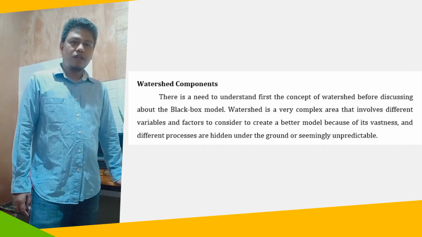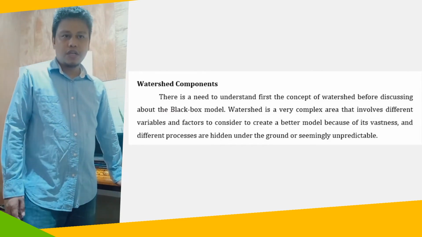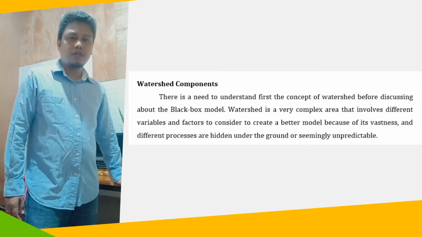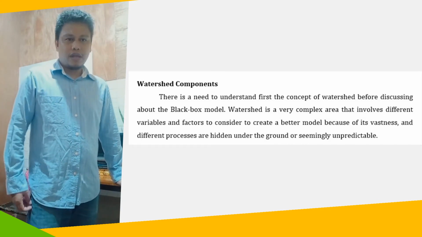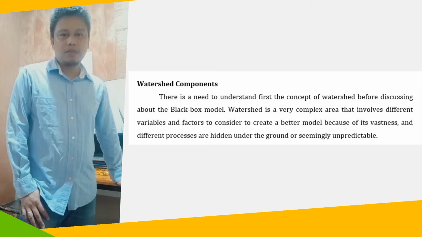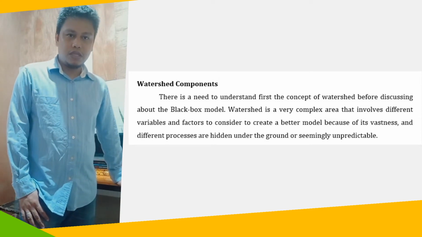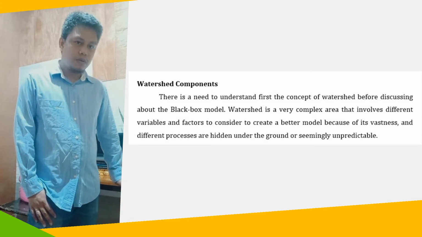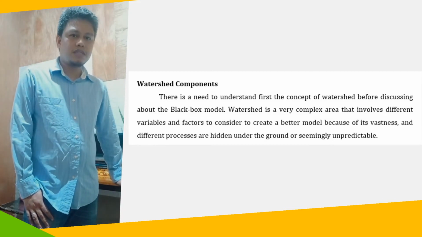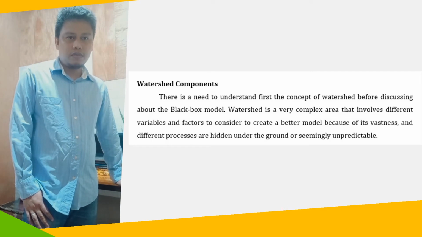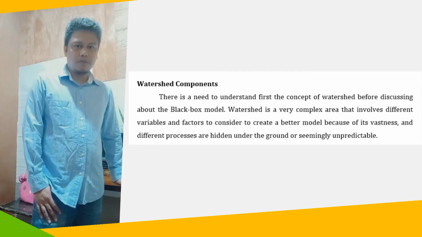There is a need to understand first the concept of watershed before discussing the black box model. Watershed is a very complex area that involves different variables and factors to consider to create a better model because of its vastness, and different processes are hidden under the ground or seemingly unpredictable.